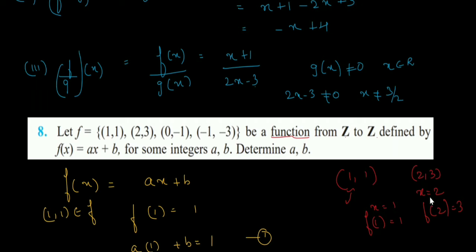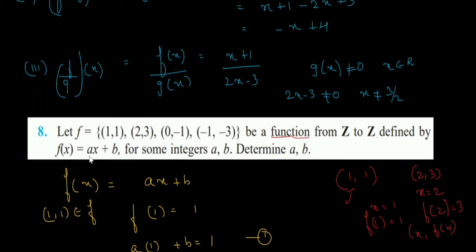So (2, 3) means this is actually (x, f of x). This is the domain, this is the range. So 1 is the input, and this one is the output.